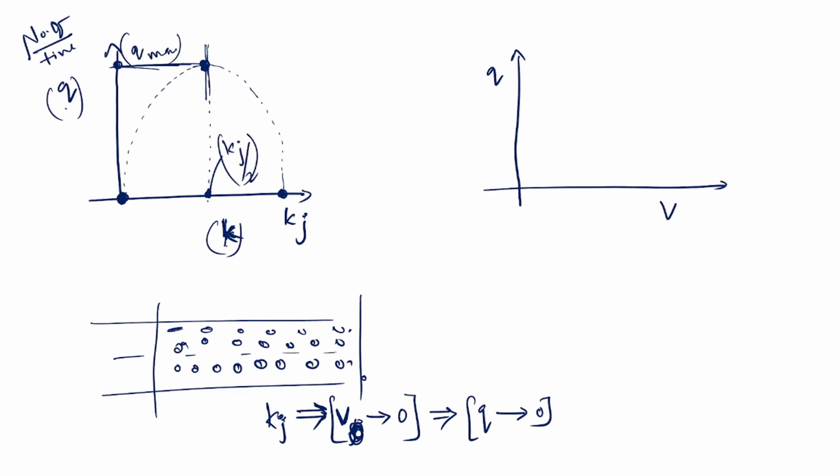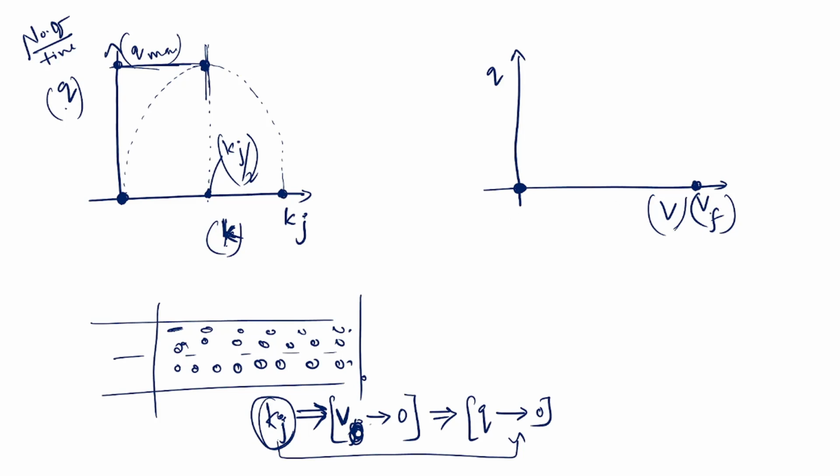In the same way, Q and V are also linked by a parabolic function. Now we will see, when the speed is zero, that means it's Kj, right? When Kj, Q is zero, because when the speed is zero, it cannot cross any particular point. So when V is zero, Q is zero, that we understood.